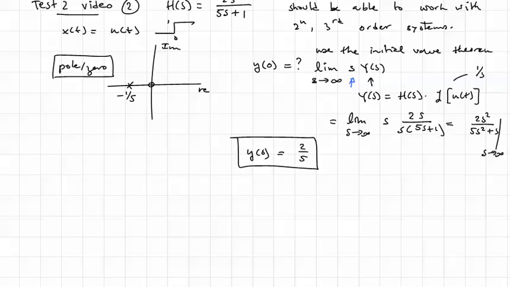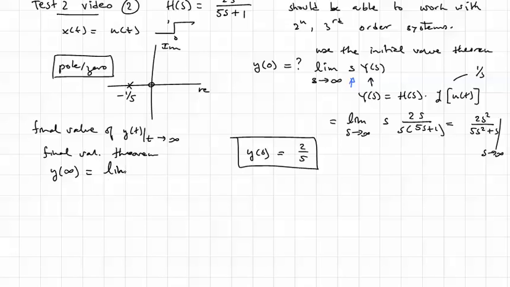All right, now for the final value. All right, for t going to infinity, we'll use the final value theorem. Which says that y at infinity is going to be equal to the limit, as s goes to 0, of s times Y(s).